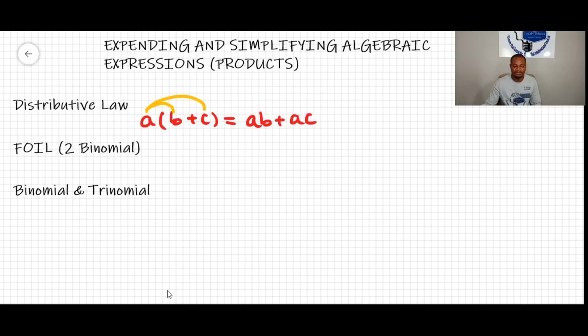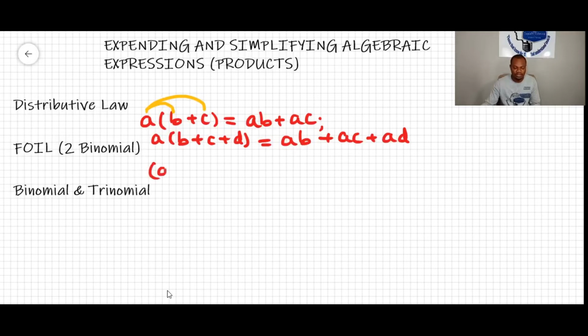Okay. Similarly, if it was A open bracket B plus C plus D, this would be AB plus AC plus AD. But now for FOIL, it's when we have a product of two binomials.